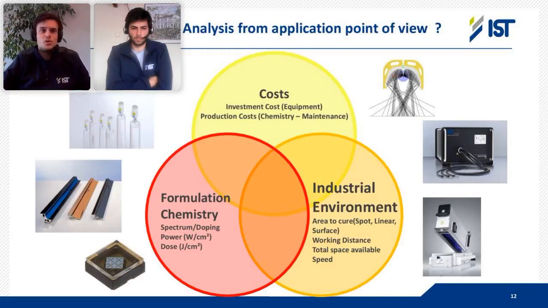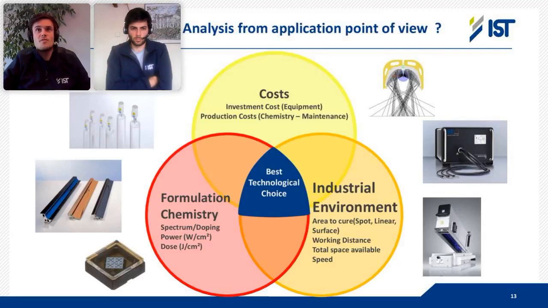Secondly, we have to take into account the production costs, including the chemistry and the maintenance, which will vary depending on the application. And at the end of that, if we are lucky enough, we have a technological choice that will fit with all the factors taken into account for the specific application.